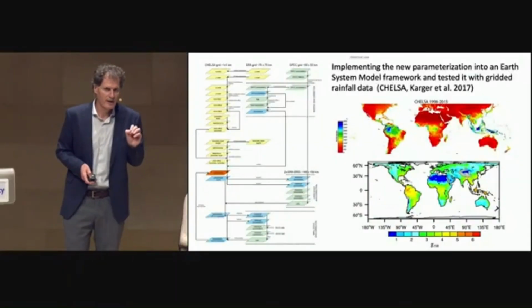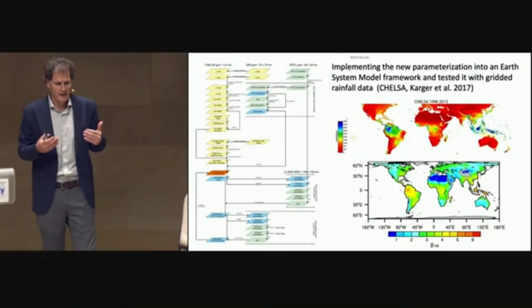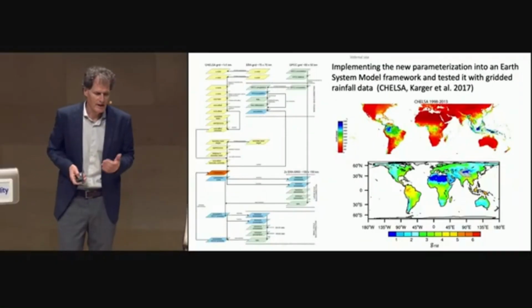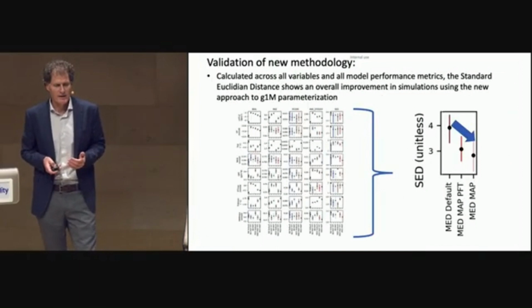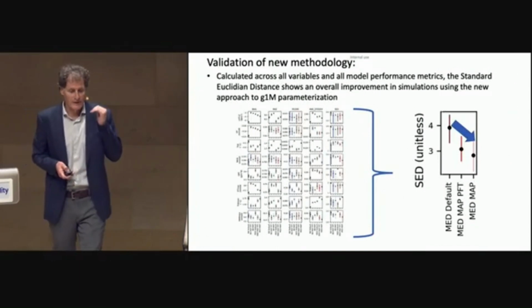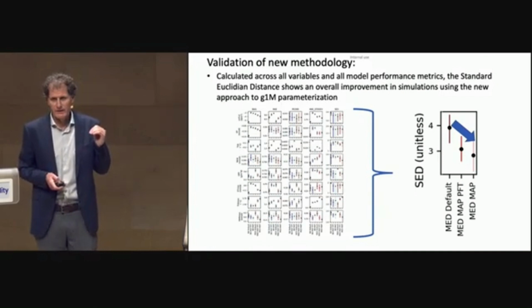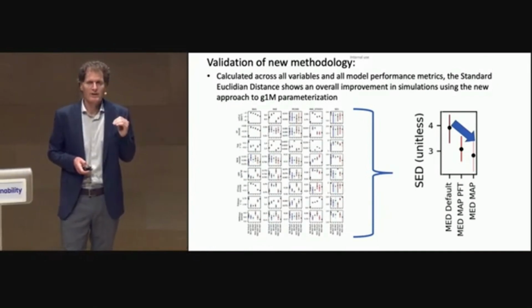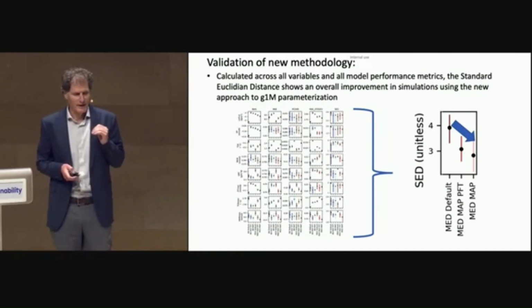So when we use rainfall to parameterize, instead of doing it statically and somewhat subjectively as we have in the past, and we take gridded rainfall and translate that to a continuous G1 value across the landscape and run it in global simulations, it not only works really well, we've validated this with data, and the simulations work just as well and probably better with the use of this technique.